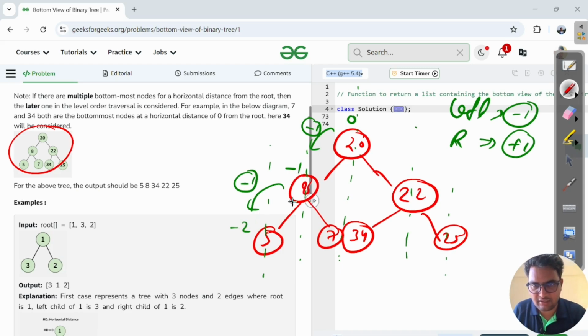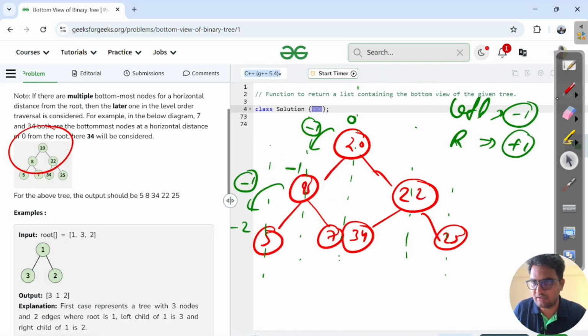From this 8th node, what we are doing, we are doing +1 here because we are going right side. So here this would be at a distance of 0. And from here same, we are going right side, so we will do +1, and the distance of this would be +1.